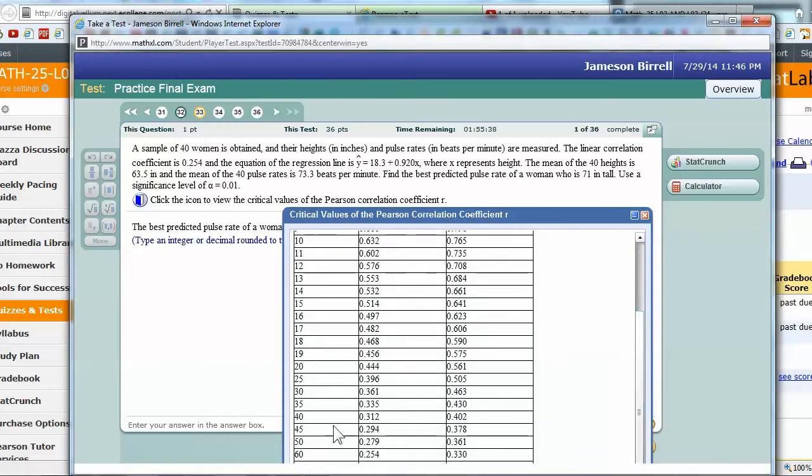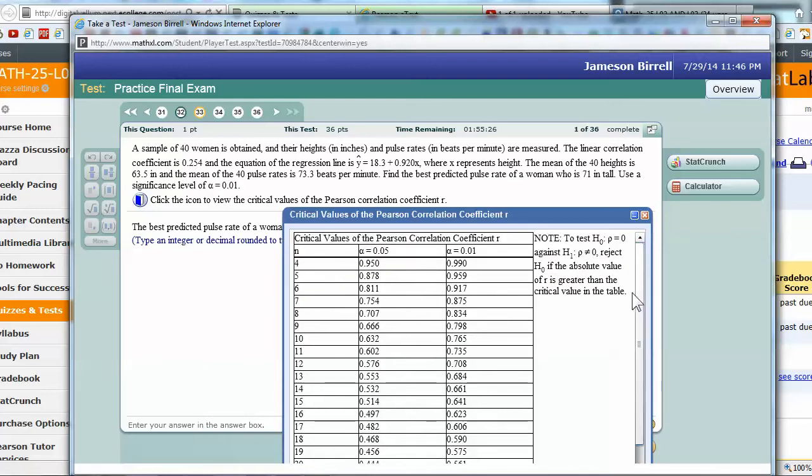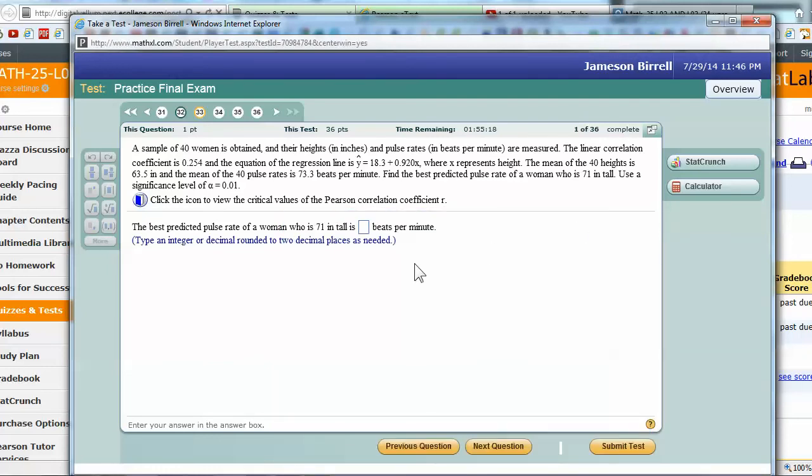Going down to 40, I've got to beat 402 thousandths, and I've only got 254 thousandths. That means my r value isn't large enough to reject the null, so I can't say that I've established correlation.